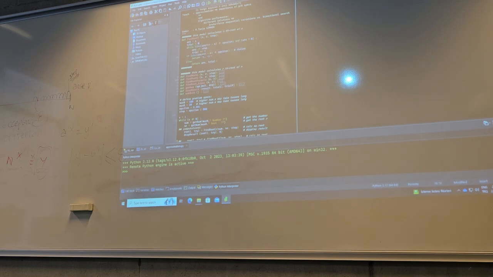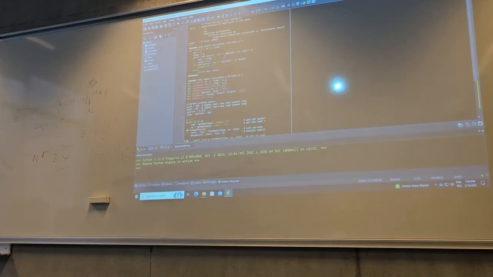I compute this here, the answer. This is R in the program, not X. So I compute this and get the difference, the absolute value, and compare it with epsilon. If it is within this limit, I just give the answer.